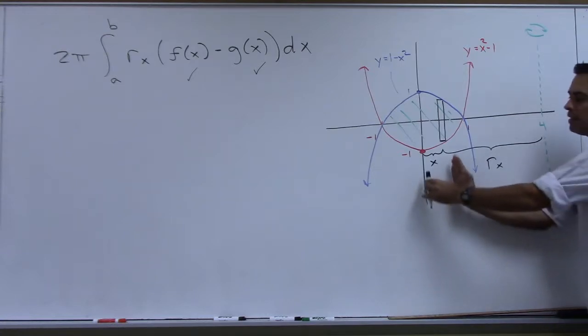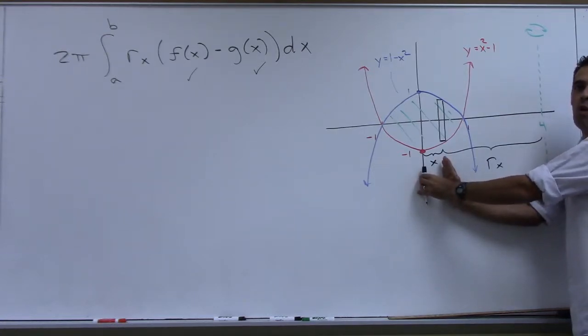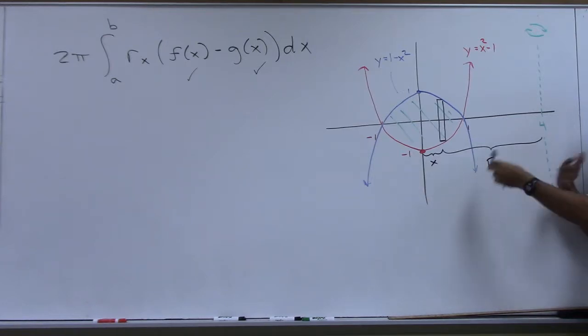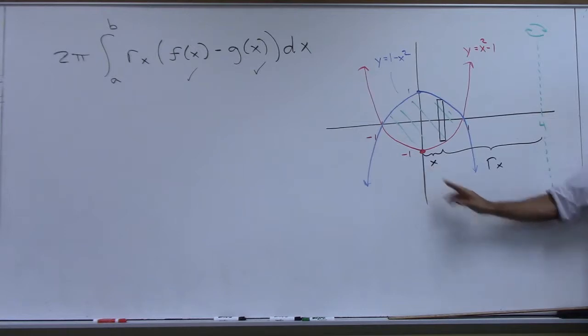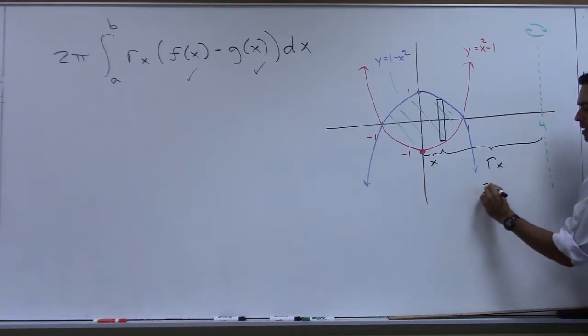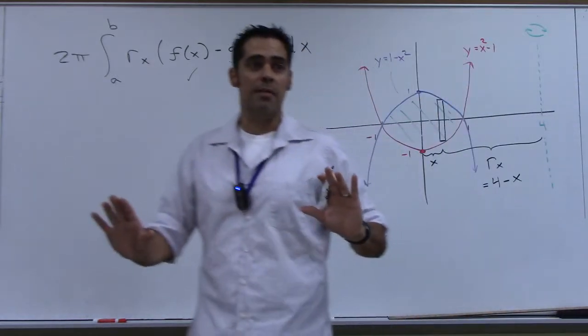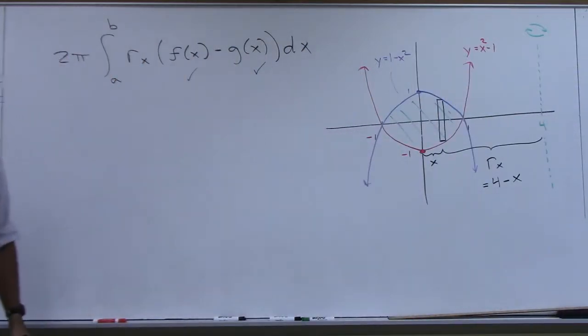Right? If the distance from here to here was 1, and the whole distance is 4, then this would have to be 3, wouldn't it? It's the same principle. All you're doing is taking 4 and subtracting this value. So this r of x must be equal to 4 minus x. Does anybody have a question as to how I got that expression?